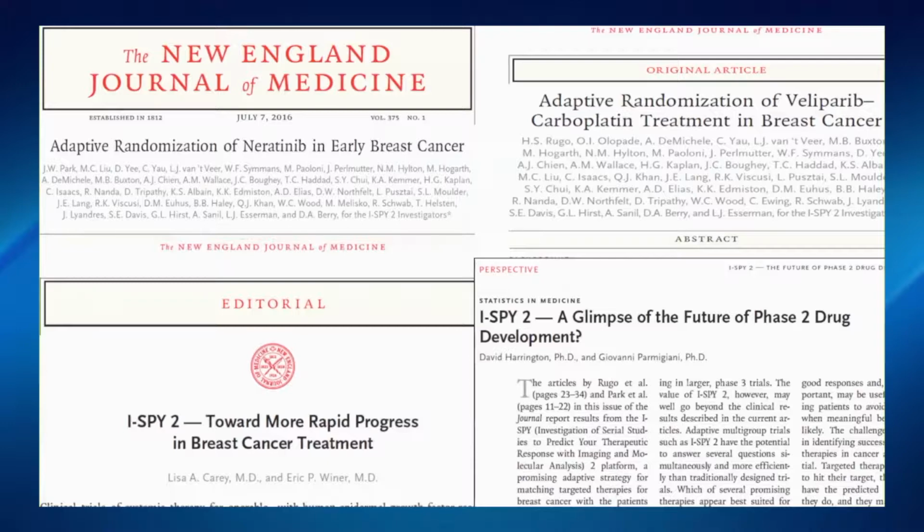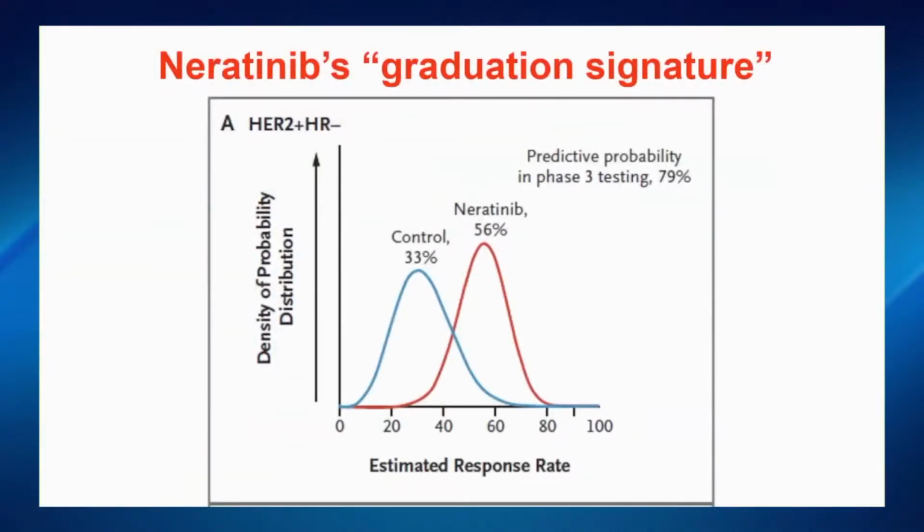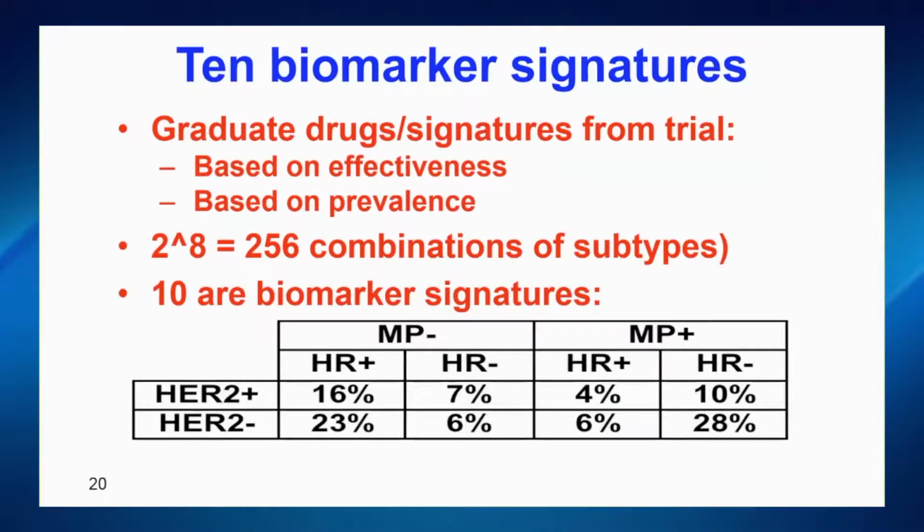So this is the articles that Brian showed you, and he showed you this picture. This is the setup in I-SPY 2. They're fixed biomarkers. In GBM Agile, we have biomarkers that are associated with the therapies that are coming in, or we allow for those kinds of biomarkers. In I-SPY 2, we have these fixed 8 subtypes.